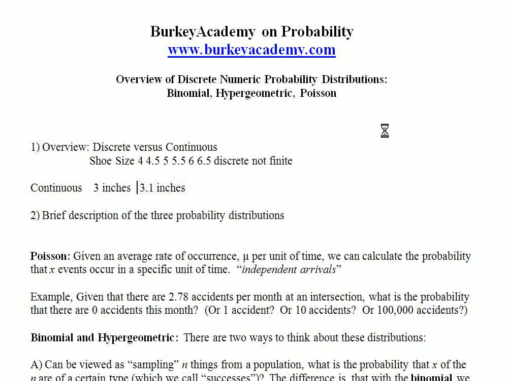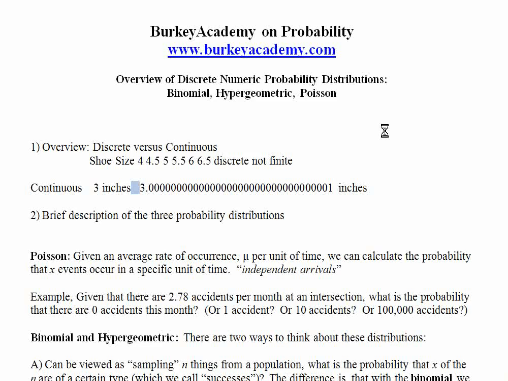But wait, there's no gap, right? We can't have gaps between the possibilities if something is continuous. By making this list starting with 3 and the next possibility being 3.1, I have already omitted an infinite number of possibilities. Even if I make the next possibility 3.0000001 inches, I have still omitted an infinite number of possibilities, because we can measure something that's continuous as precisely as we want.